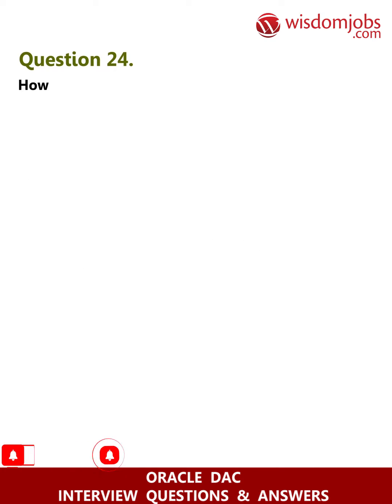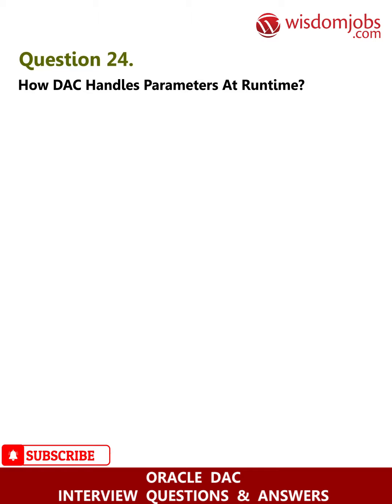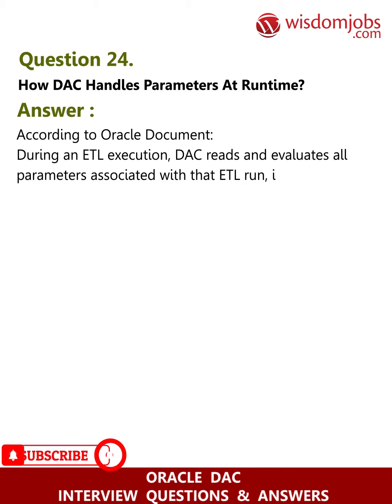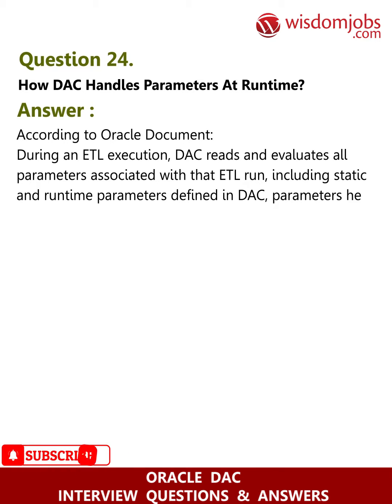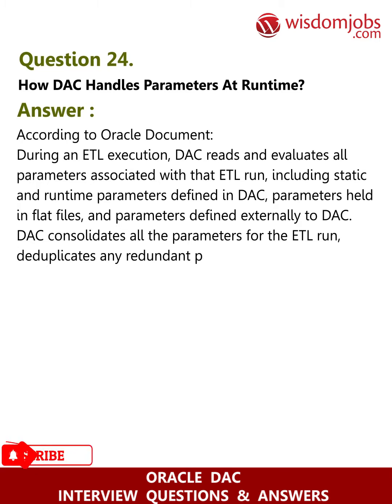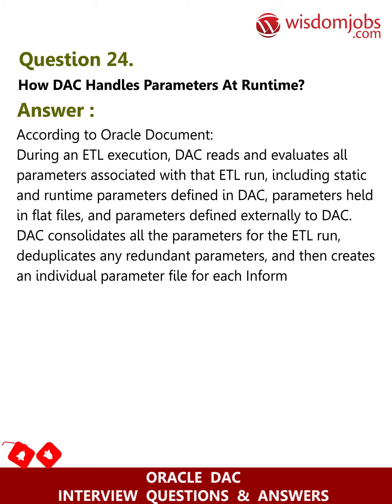Question 24. How does DAC handle parameters at runtime? Answer. According to Oracle document, during an ETL execution, DAC reads and evaluates all parameters associated with that ETL run, including static and runtime parameters defined in DAC, parameters held in flat files, and parameters defined externally to DAC. DAC consolidates all the parameters for the ETL run, deduplicates any redundant parameters, and then creates an individual parameter file for each Informatica session.